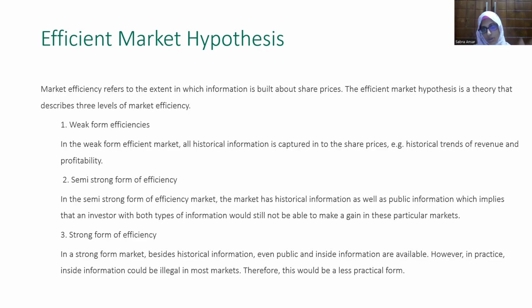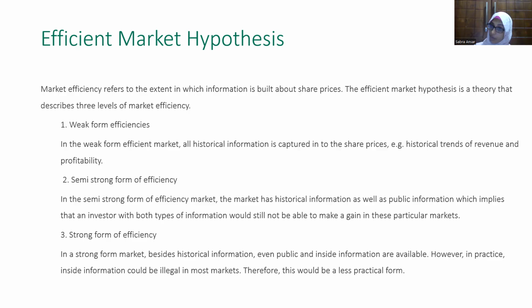Here, historical information as well as public information, which is the current information, will be included. And an investor with both types of information would not be able to make a gain in this particular market. So this is the semi-strong form of efficiency.